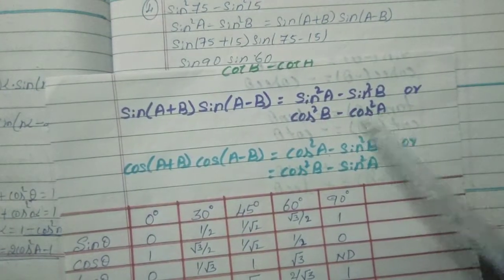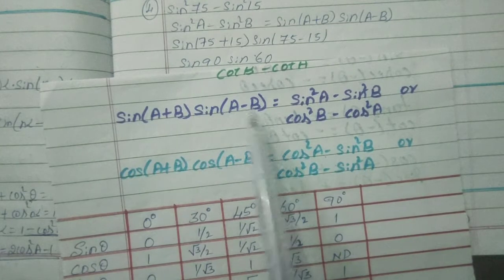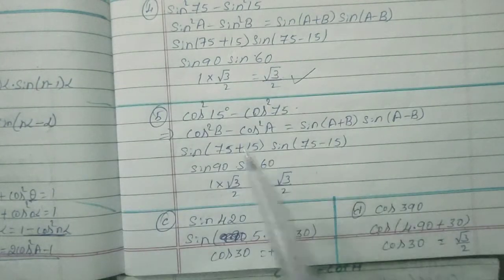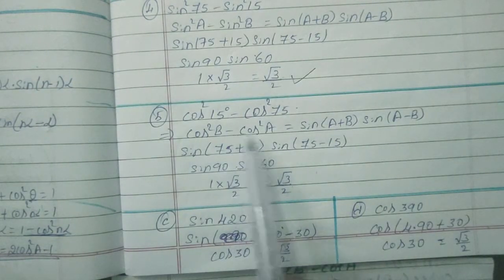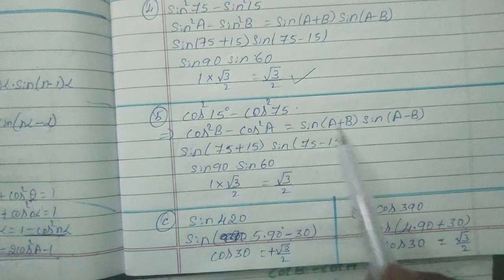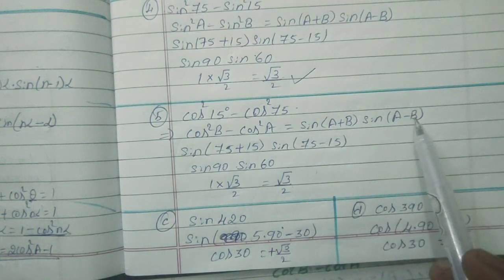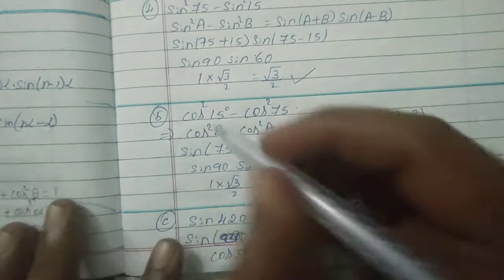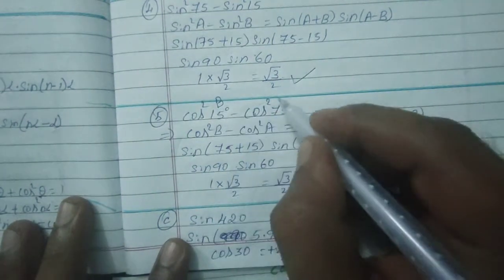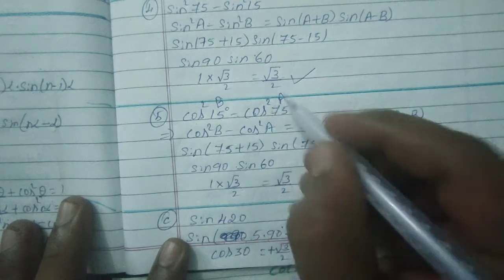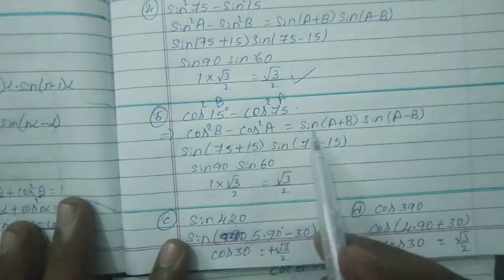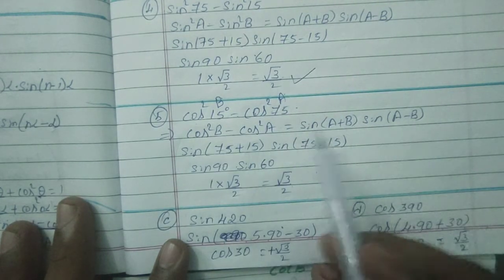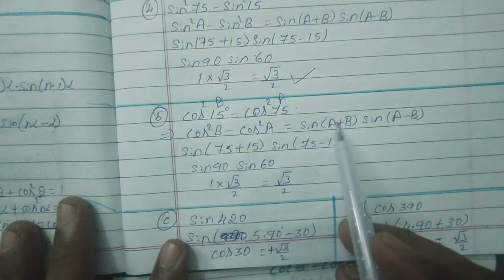Cos square B minus cos square A, I can write as sin(A plus B) sin(A minus B). You should assume this is B, this is A. Cos square B minus cos square A is nothing but sin(A plus B) sin(A minus B).